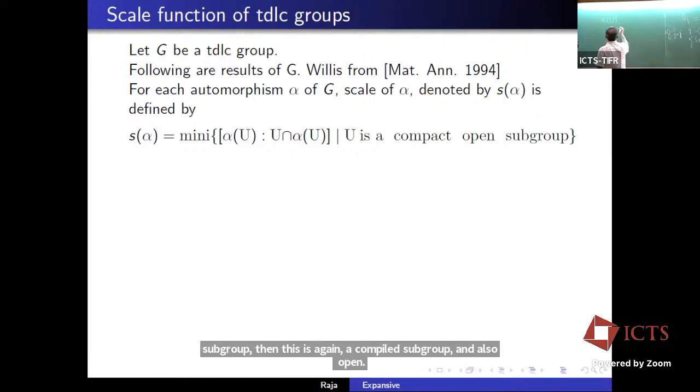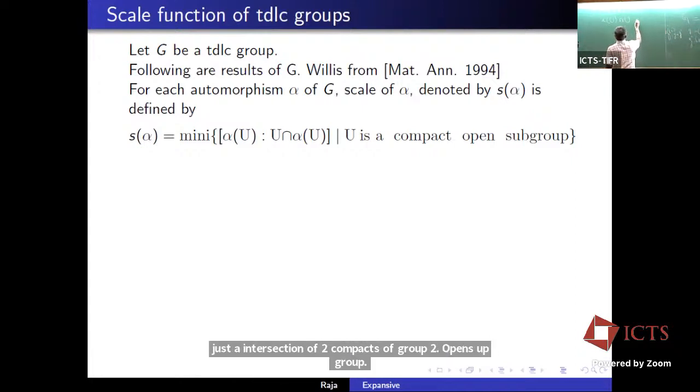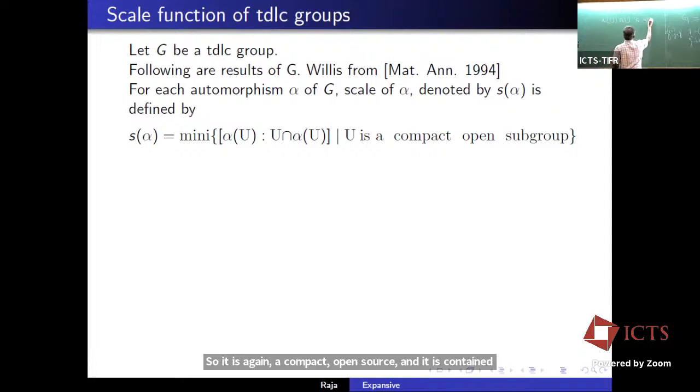So its intersection with U is compact open. It's just an intersection of 2 compact open subgroups, so it is again a compact open subgroup. And it is contained in U, and in alpha U.